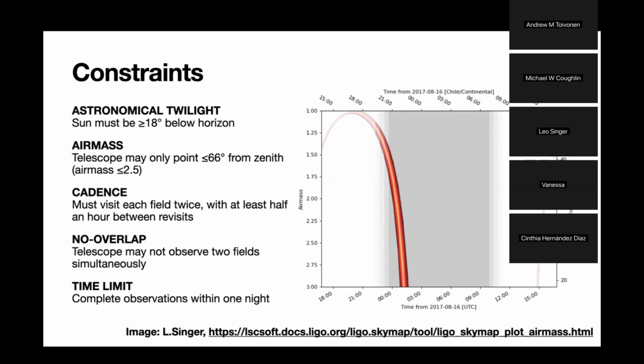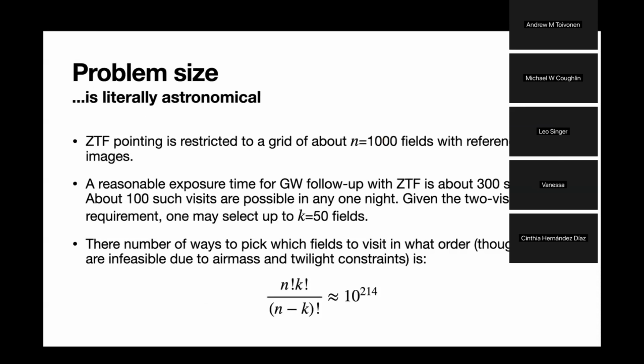You can't observe two fields at the same time. And there's a time limit. We want to complete the observations within a single night. Actually, the cadence constraint we're not going to deal with in this talk because we're just going to plan a single epoch of observations. So just picking which fields to observe is a problem of literally astronomical size. ZTF has a grid of pointings that has about 1,000 potential places that we can look.